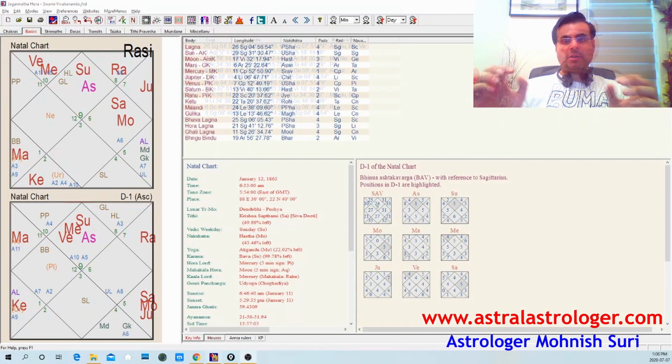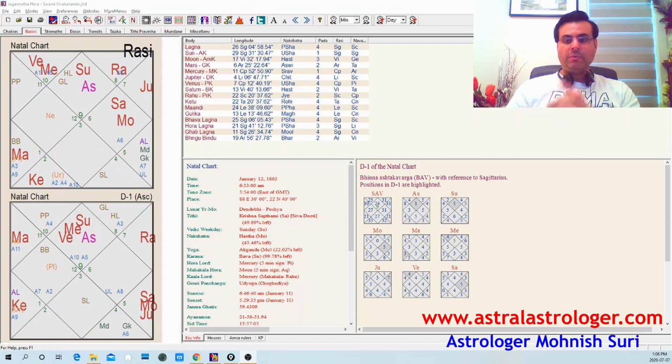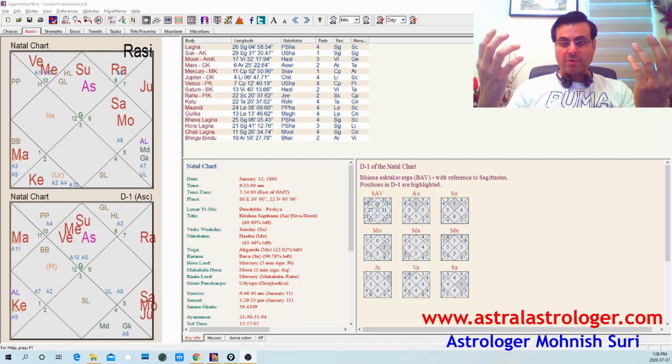Now start with acknowledging the cosmic energies first, where those energies are sitting, which represent your soul, your mind, your emotions, your love, your wisdom, your transformation, your expansion, your spirituality, and your passions.